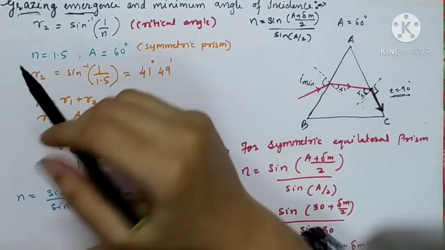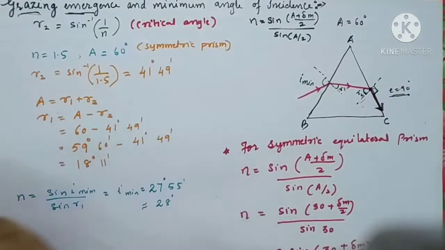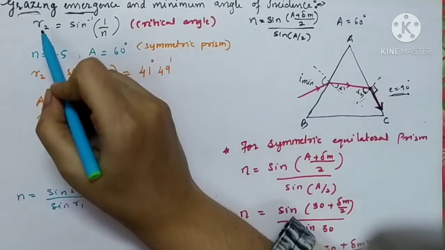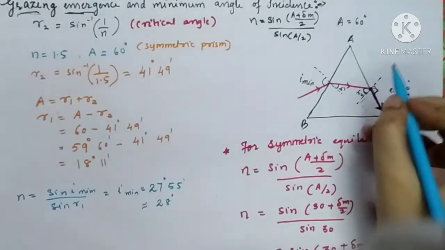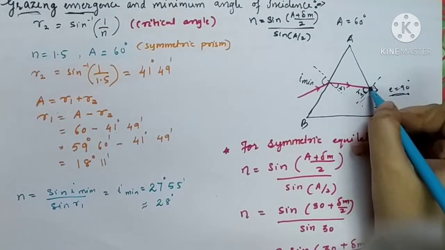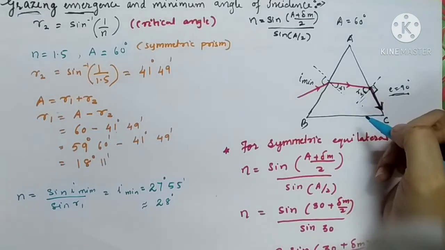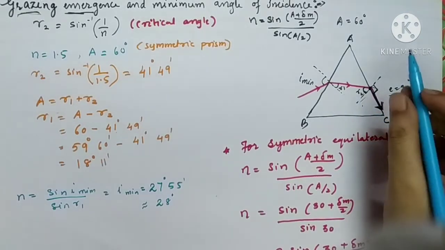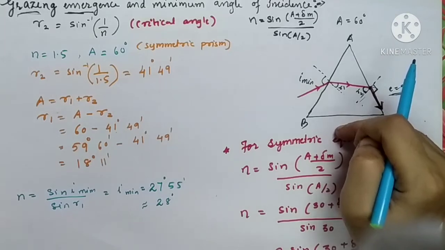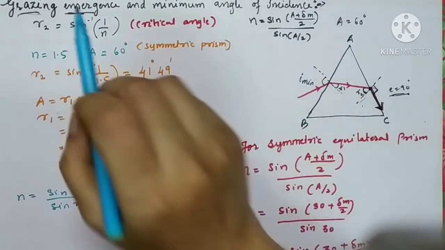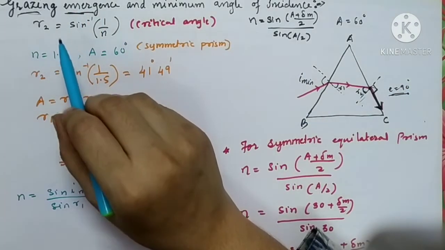As I have already told you, this second angle of refraction, which is actually the angle of incidence on the surface AC, is for a ray moving from denser medium to rarer medium. So it will have the formula of a critical angle.